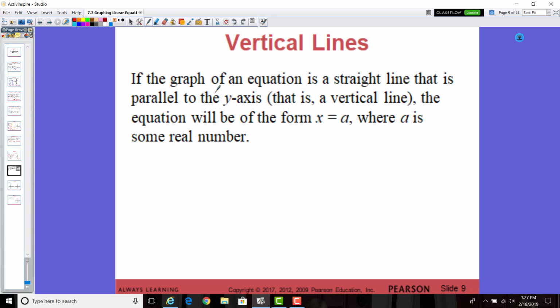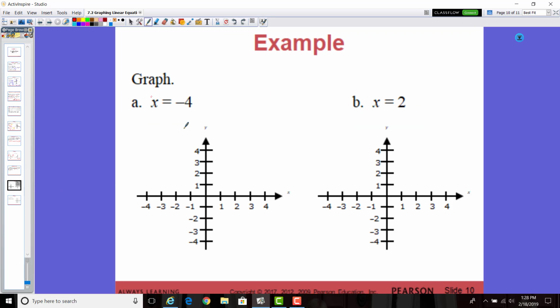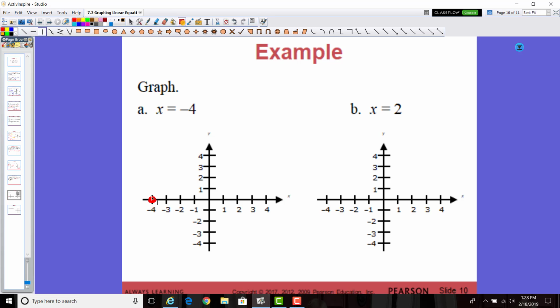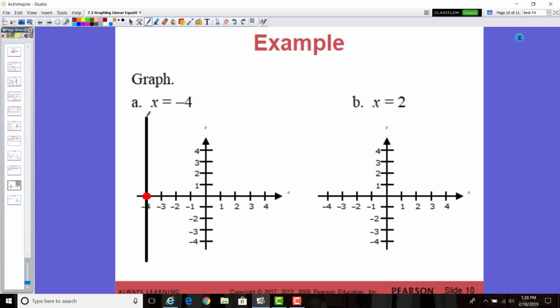Our vertical line then is the opposite. Vertical lines are an equation in one variable where x equals a number. So if we look at these and we're asked to graph them, x equals -4. Here's where x equals -4. And if I draw a vertical line, every place on this graph has an x value that's -4.